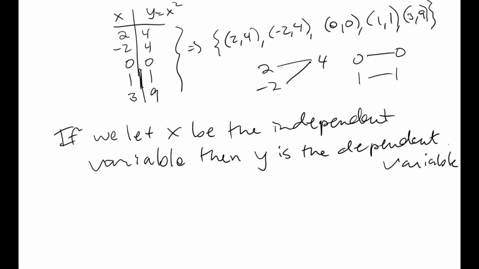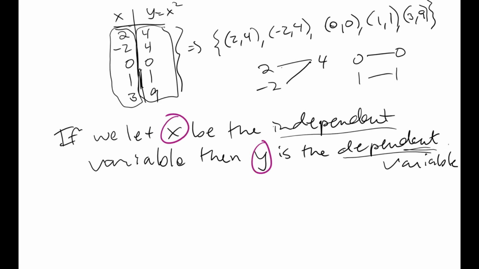X always comes first here. Remember, whenever you plug in points, you always plug in points for x. So it's independent. And then y depends on what you plugged in for x. So we call x the independent variable and y the dependent variable. Plug in numbers for x, y depends on that number. So it's dependent on x.